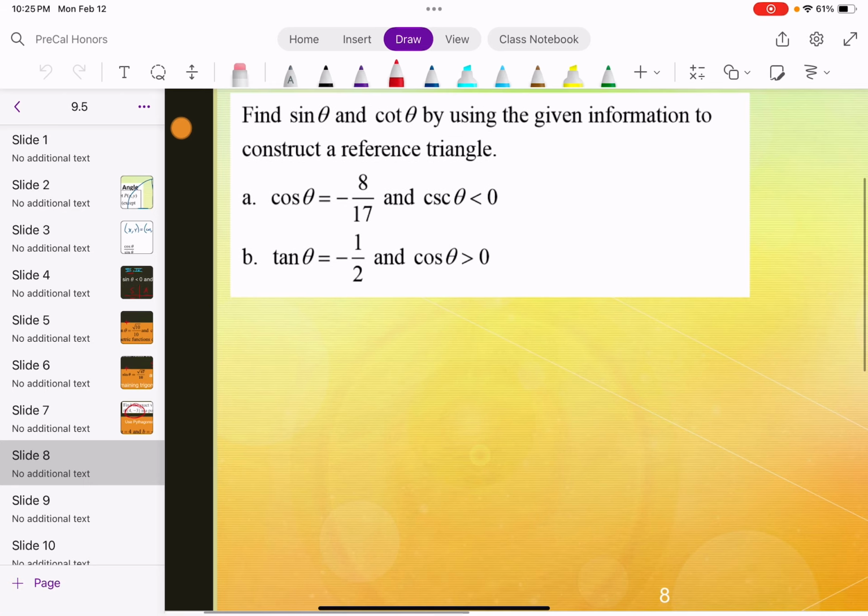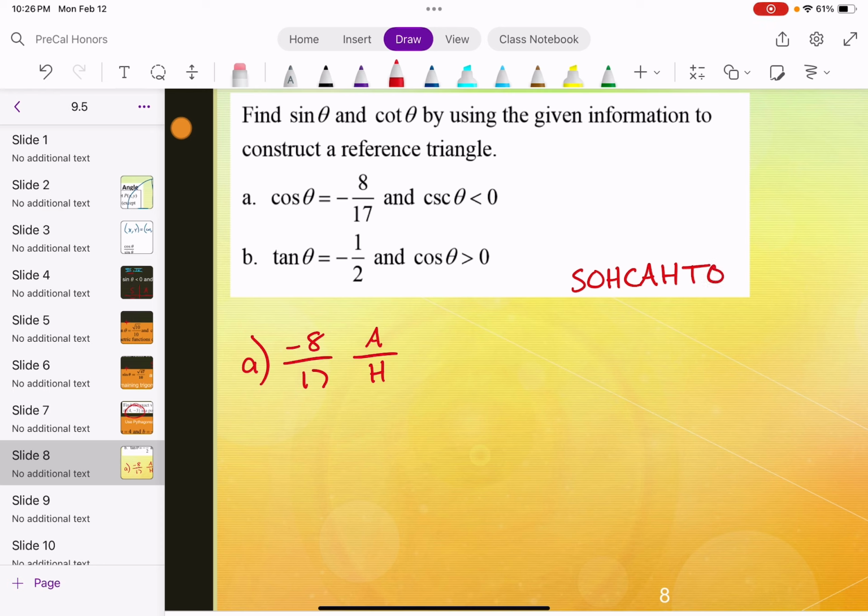In this case, cosine theta is equal to -8 over 17. Keep in mind, since we're working with cosine, our cosine is the adjacent over hypotenuse.